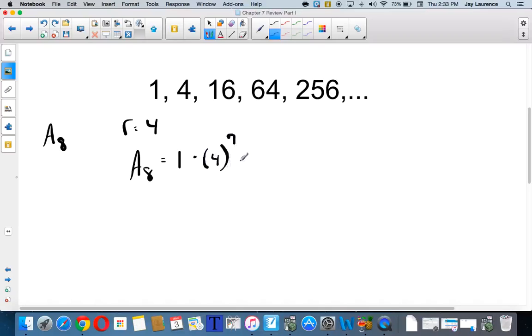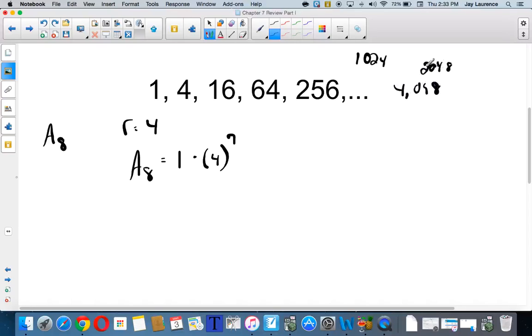And that should work. Now 4 to the 7th power is going to be pretty big. Let me see. This is 0 power, 1st power, 2nd power, 3rd power, 4th power. Okay, so 5th power is going to be 1024, right? The 6th power, 2048, so that'll be 4096.